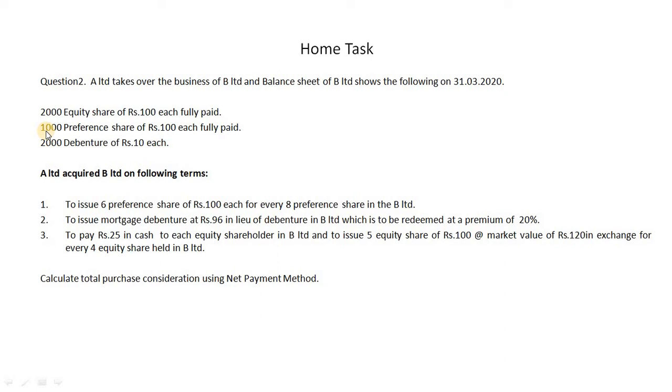And there are 1000 preference shares, so simply divide 1000 by 8. Okay, and that you have to multiply by 6 and you will get the number of preference shares that will be issued to the preference shares of the B Limited. Check it here.